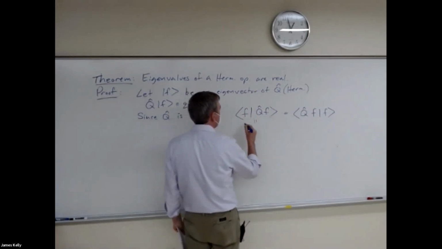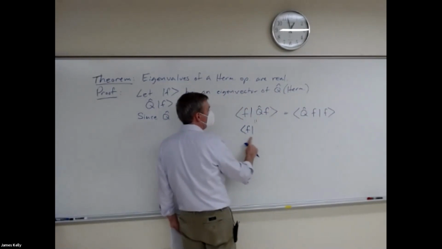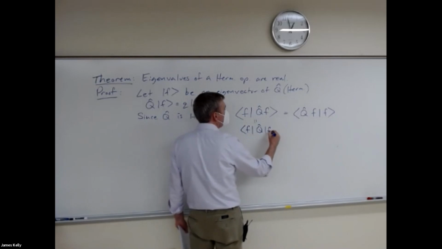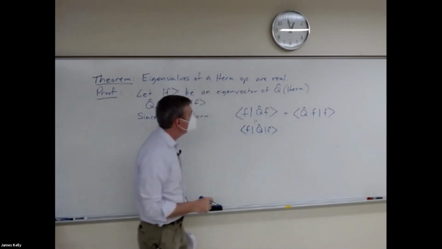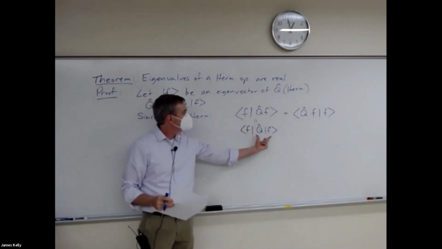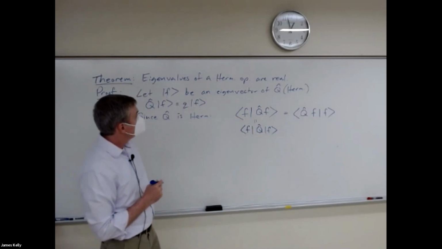So another way to expand this is to take the inner product with f of the result of Q operating on f. That's just notation for a vector; it reminds us it's the vector we got after that.